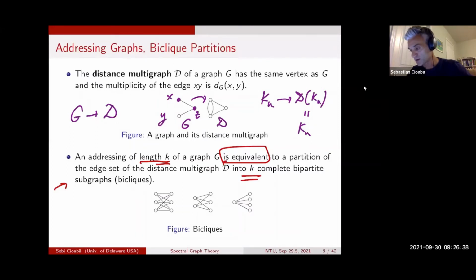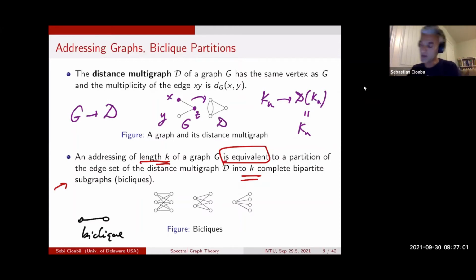Now, one thing this implies is that there is always going to be some addressing, because if you look at just a single edge, this is a biclique, a complete bipartite subgraph K11, one vertex on the left, one on the right.